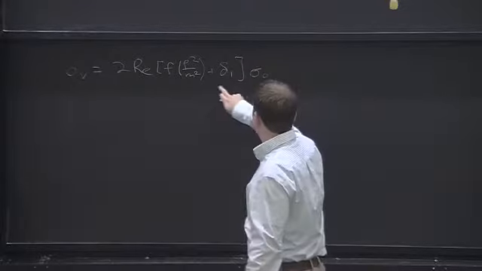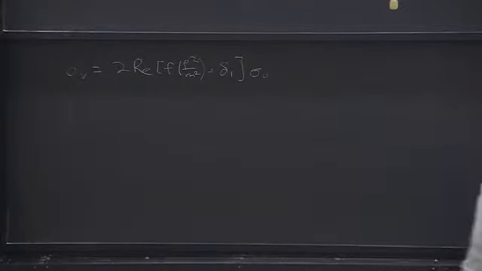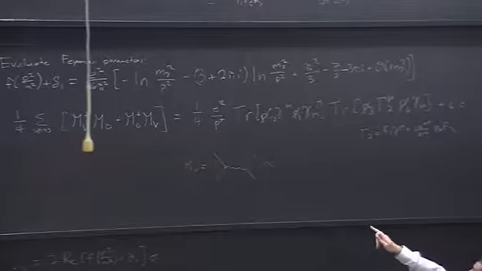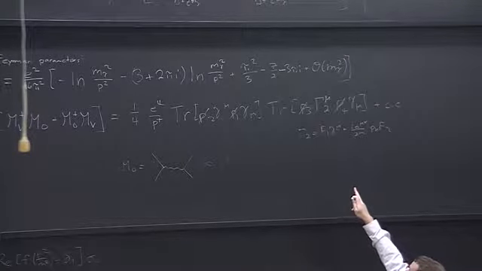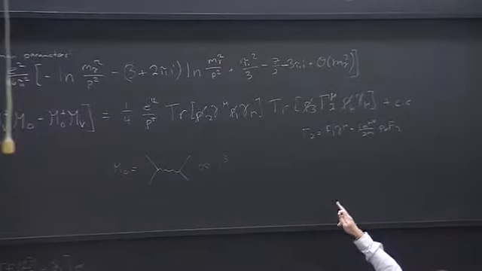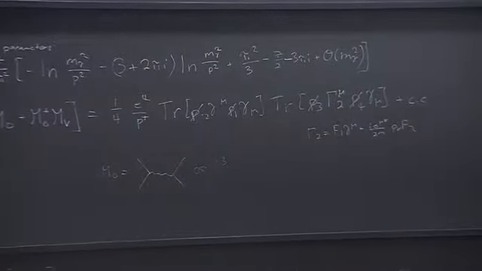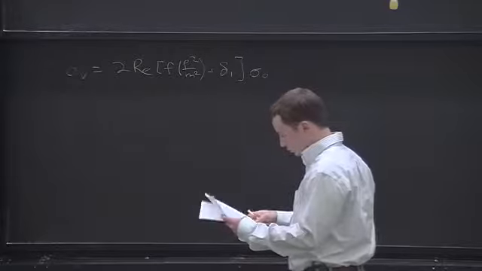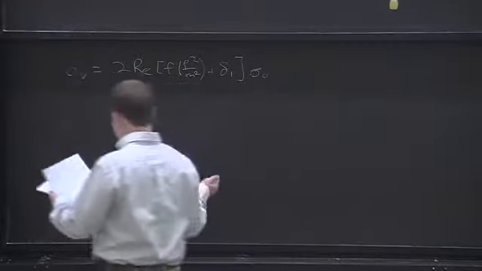So this is because gamma 2 is proportional to gamma mu. It just has some constant factor out in front. And so if we pull that factor out in front, this trace is precisely the same trace that we would do when we're calculating the tree level diagram squared. So that's where this term comes from. And so we're done.